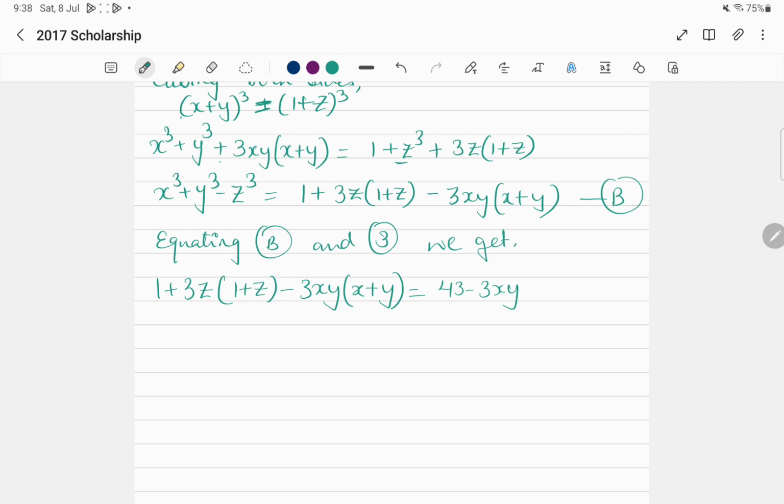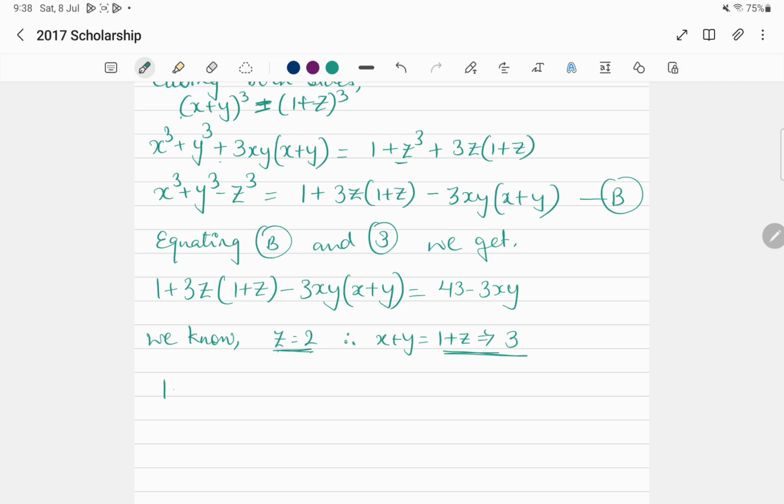What we know here is that z is equal to 2. Therefore, x plus y is equal to 1 plus z, which will be equal to 3, which is 1 plus 2. All right, so these two values we already have, and we're going to put those values back there.